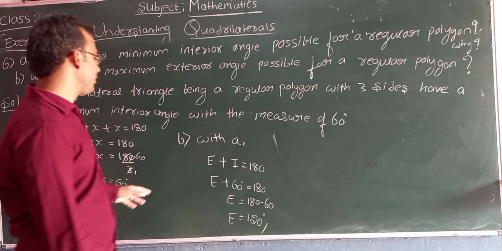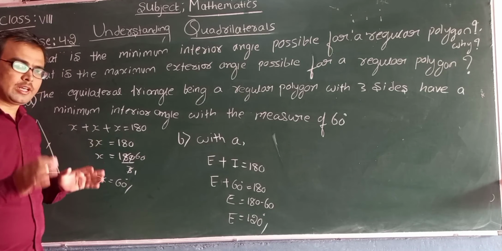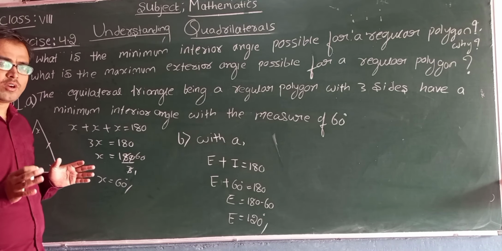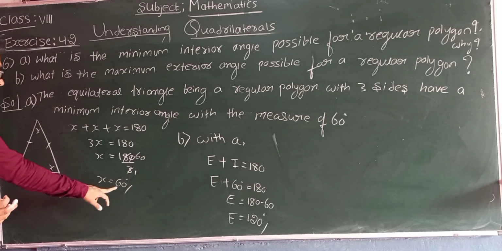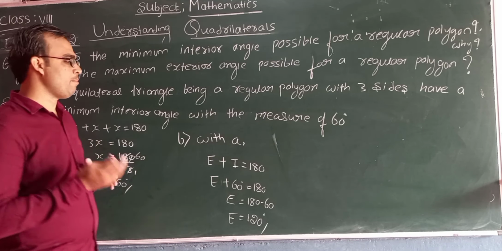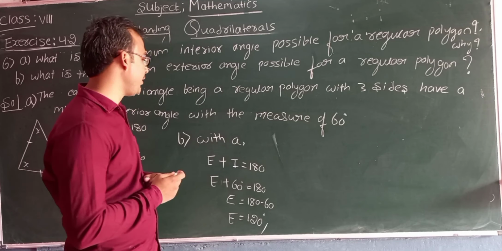Okay. Students, what is meant by this? For a regular polygon, if the minimum measure of interior angle is 60 degree, then the maximum measure of exterior angle is 120 degree.